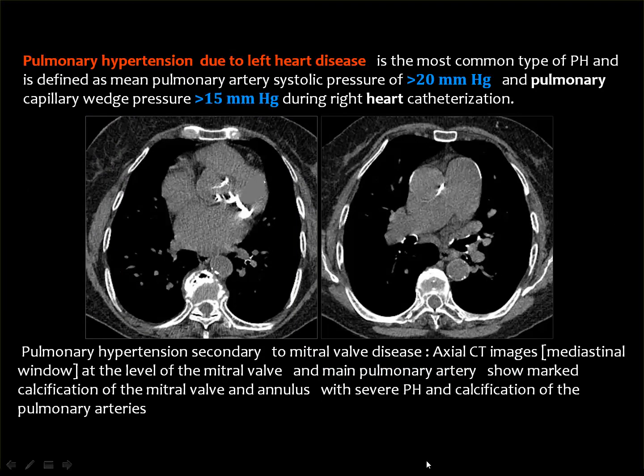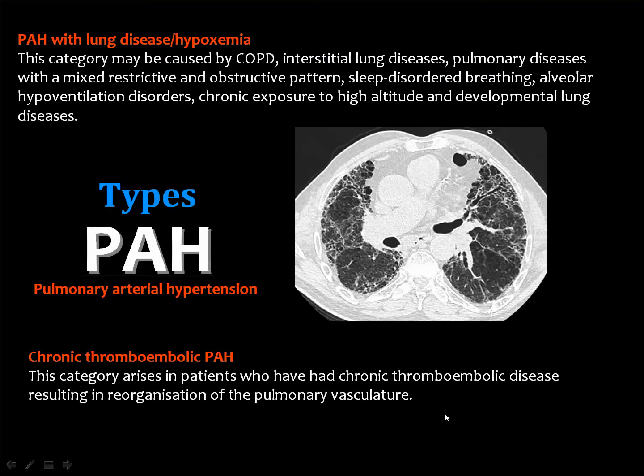In this case, you can see that there is extensive calcification of the mitral valve, and this has resulted in significant dilatation of the left atrium and elevation of the pulmonary arterial pressure, which is reflected by dilatation of the pulmonary artery in relation to the adjacent ascending aorta, as well as the presence of calcification of the pulmonary artery, which indicates a chronic elevation of the pulmonary arterial pressure.